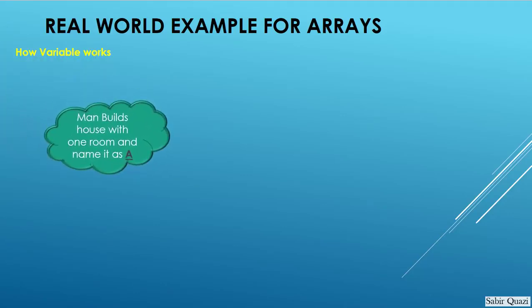A man builds a house with a single room only in an empty area and names it A. Let's think of it as a memory location with name A when we declare a variable. So it is decided which type of person will stay in this room. So decided that only men will stay in this room.